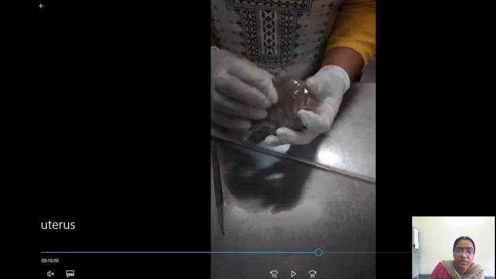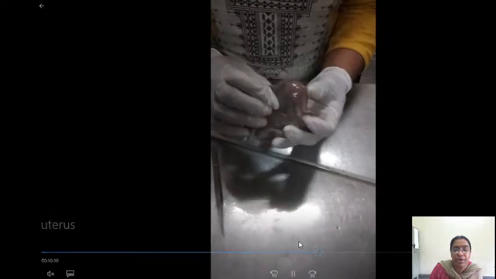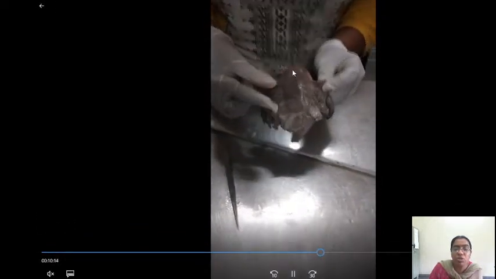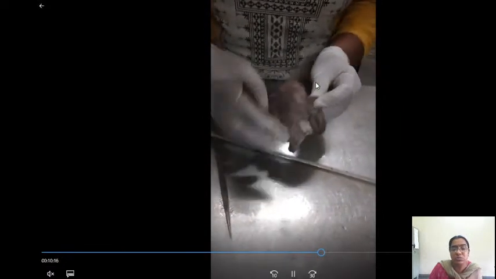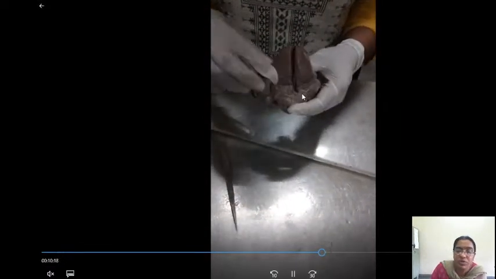In the fundus, there is no uterine cavity. Remember, there is no uterine cavity in the fundus. One more thing, the importance of the fundus, which is present above the uterine tube, is that normal implantation takes place on the posterior wall of the fundus. So that is about the fundus of the uterus.